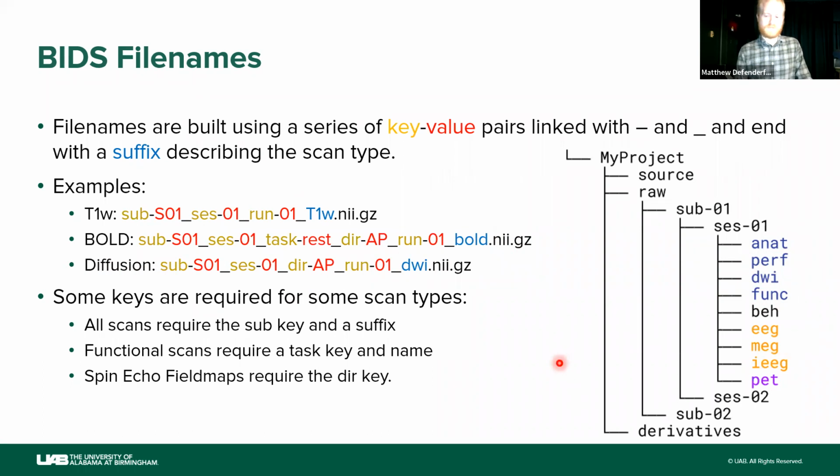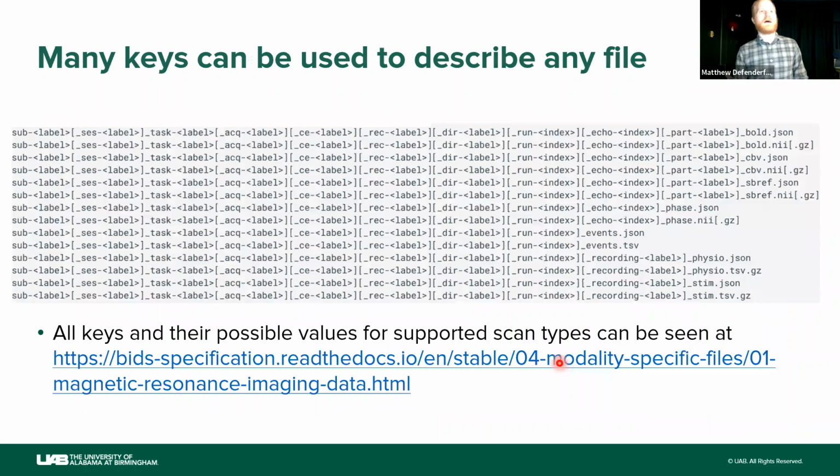All right. And you might be wondering, well, there's a lot of things about these scans that I want to put into the name. How many keys are there to be able to be very specific about what goes on in these scans? I will talk about MRS here in a second. MRS is its own special case.